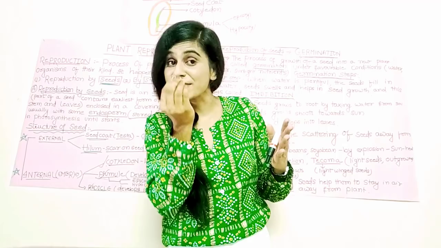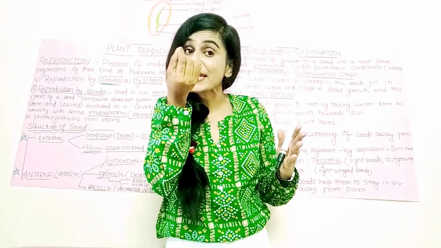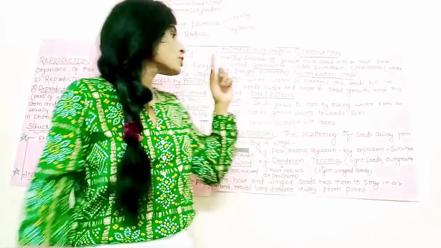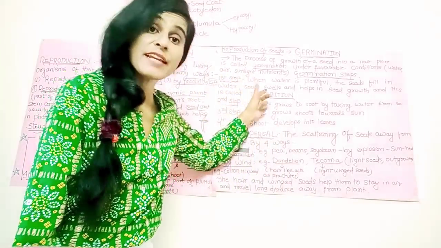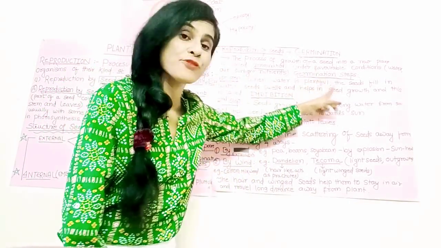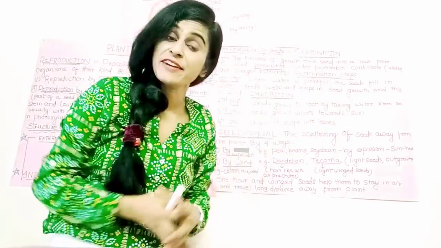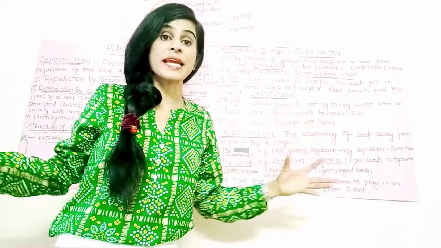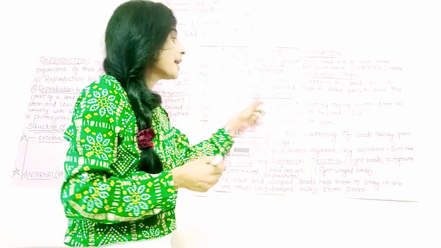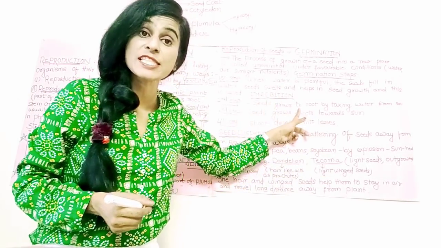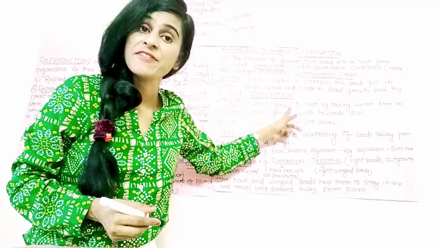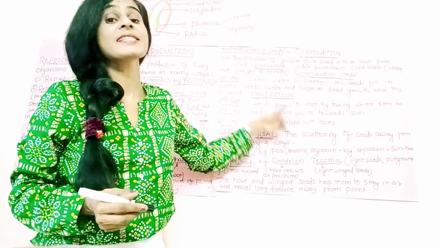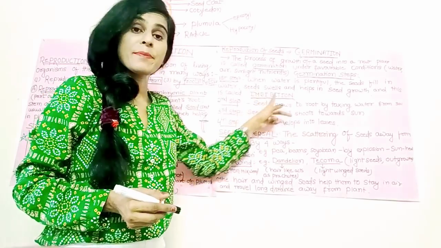From there comes the small germinated baby plant. Yes, my dear children. So the first step is, when water is plentiful, the seed fills with water and swells and splits, and that is called imbibition. What is it called? The process by which the seeds are filled with water and swell in size is called imbibition.